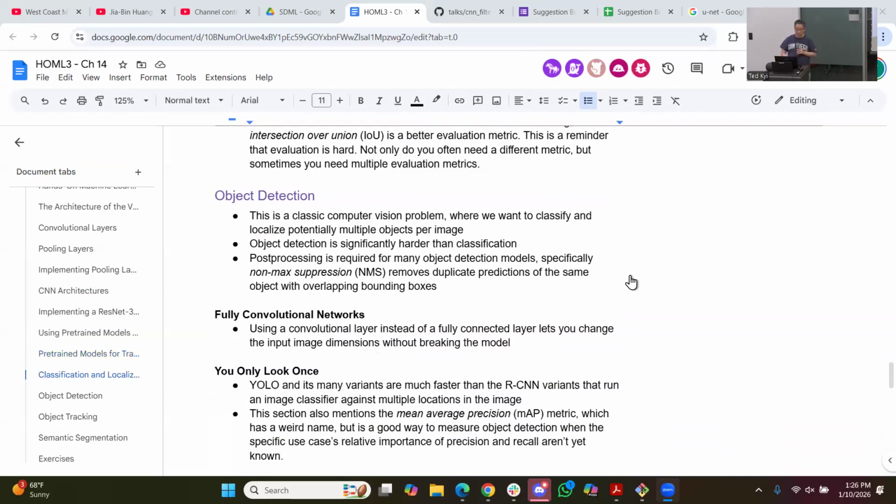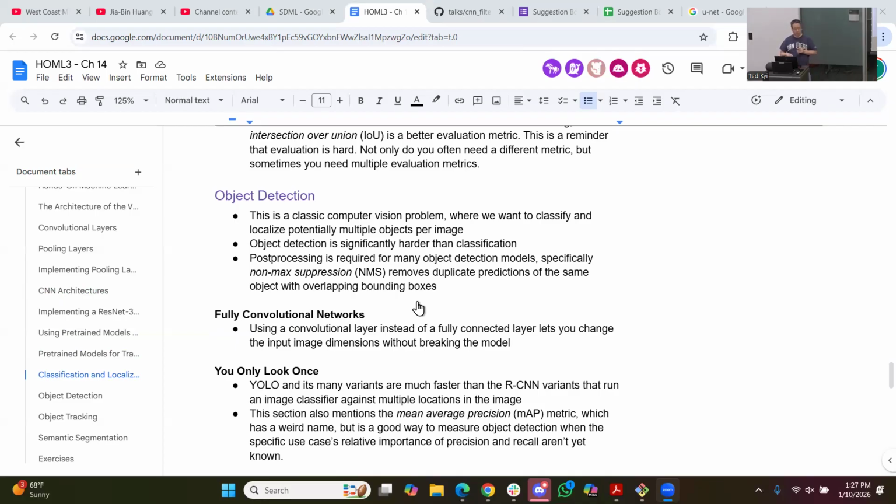So object detection is the classic computer vision problem where we want to classify and localize, but potentially multiple objects in an image. There are standard training sets, standard benchmarks for it, Pascal and Coco. And if you're going to do that, an important thing to know is this idea of non-maximal suppression, NMS.